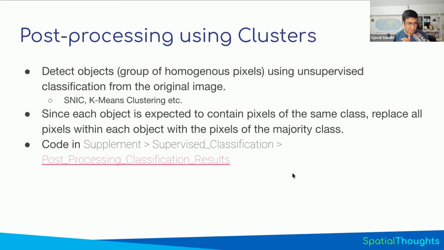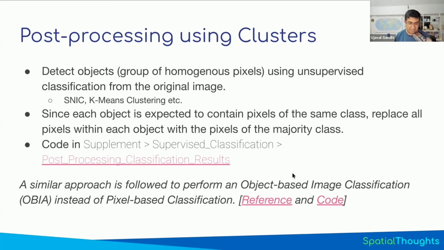We'll review this here, but as I mentioned, here we start with pixel-based supervised classification and then post-process using unsupervised methods. If you do the opposite, that is known as object-based classification. We first detect objects and then do the classification. Both give you a similar result, but many people say, I want to try object-based classification. You can read this reference here.